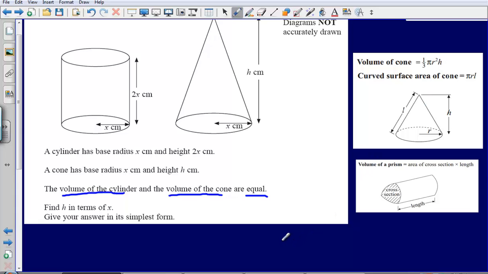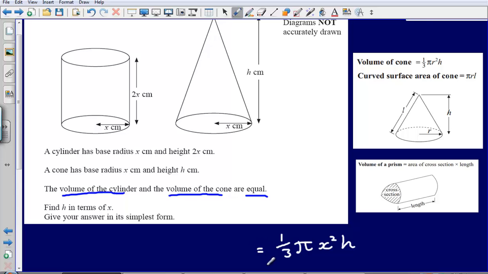The volume of my cone is 1/3 pi, and then I've got radius squared. Well, the radius here is x, so it's 1/3 pi x squared h. So that is an expression to describe the volume of that cone.